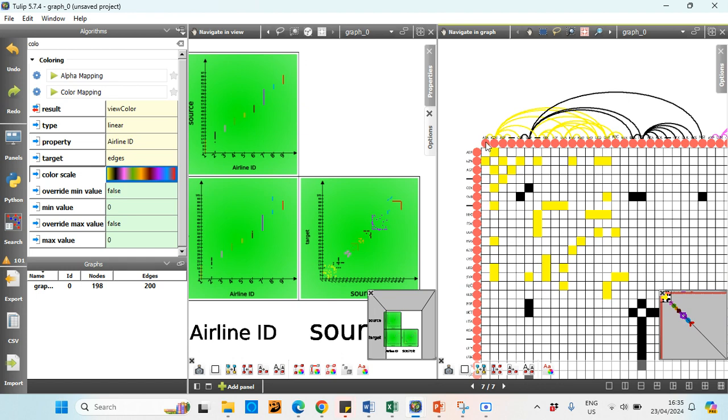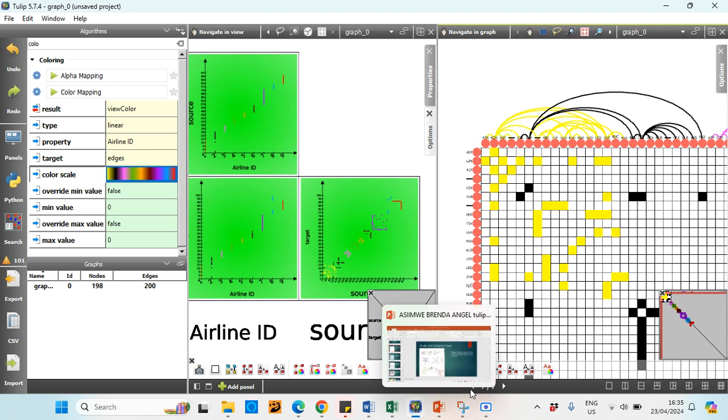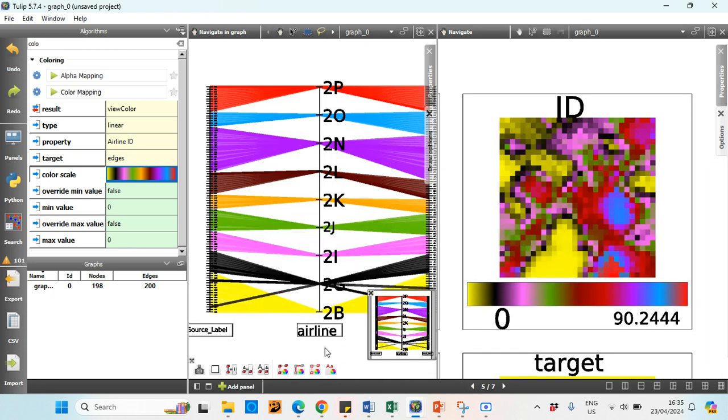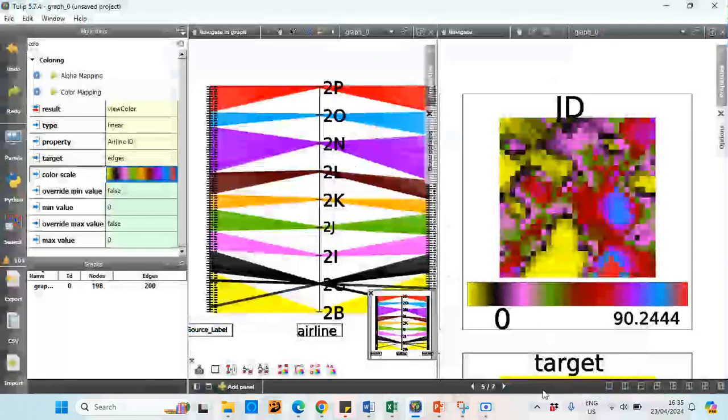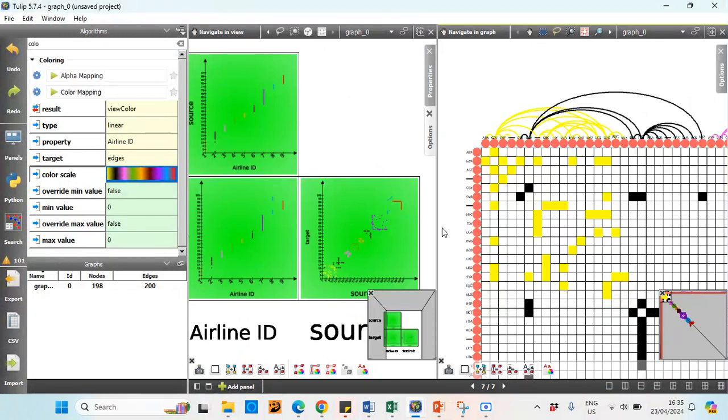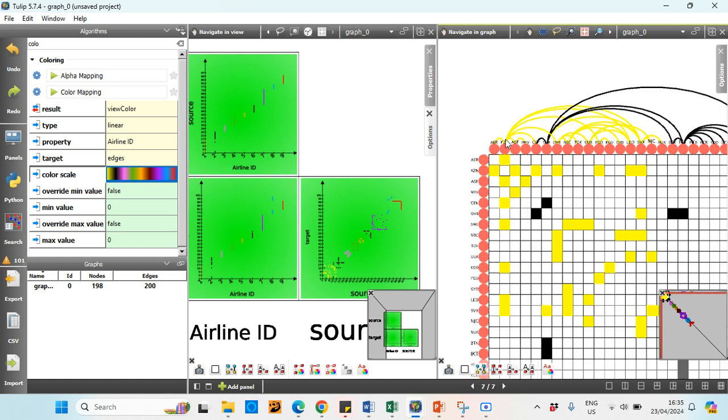So when you notice here, this flight, the one in yellow, which was, I'm sorry for taking us back. Yellow was 2B and black was 2G. So let's just look at yellow so that I don't forget. Yellow, which is 2B, sets off in AER and lands in KZN.